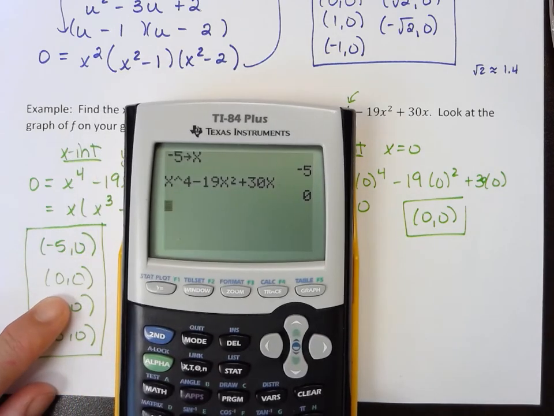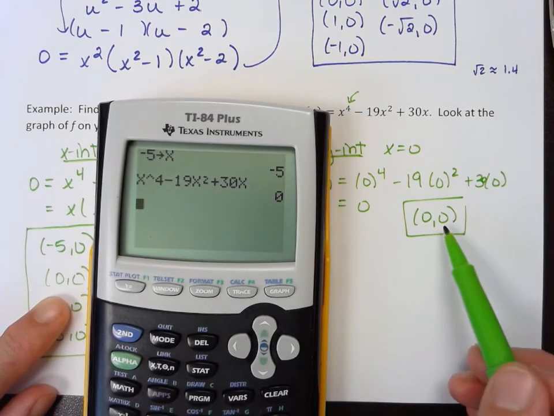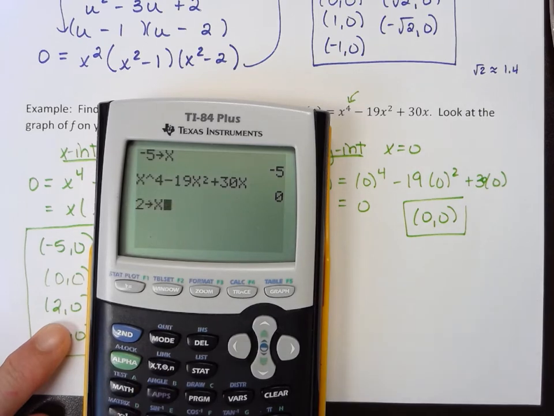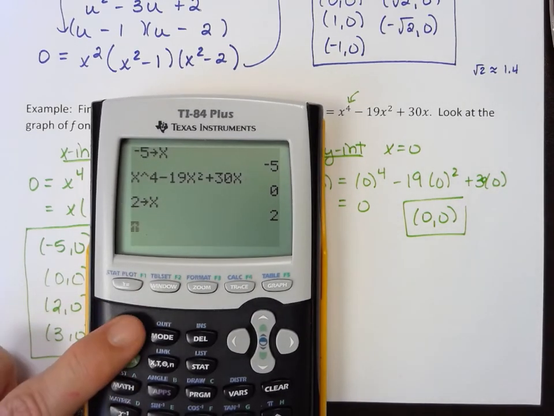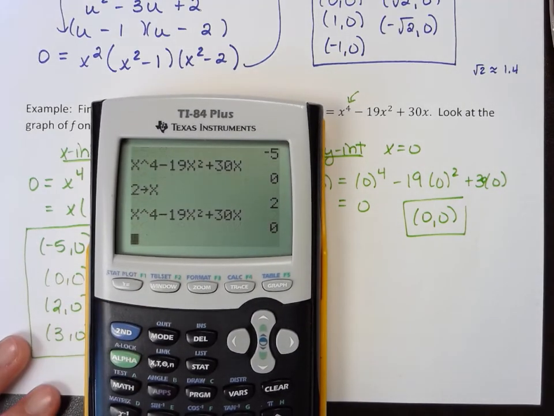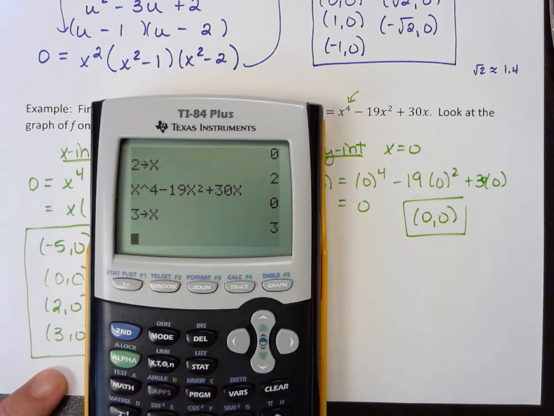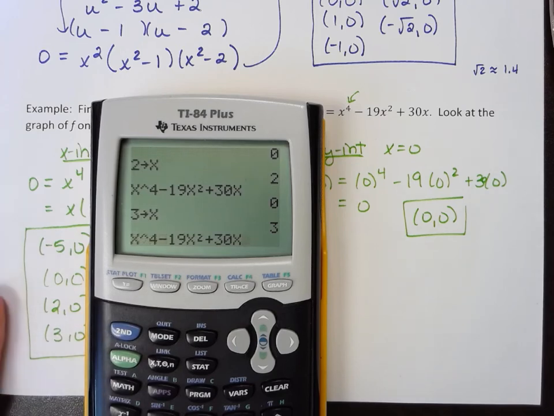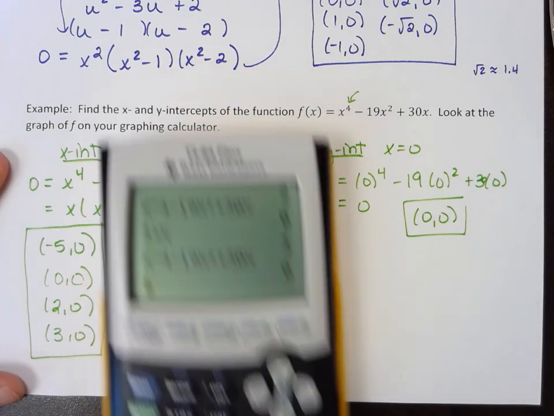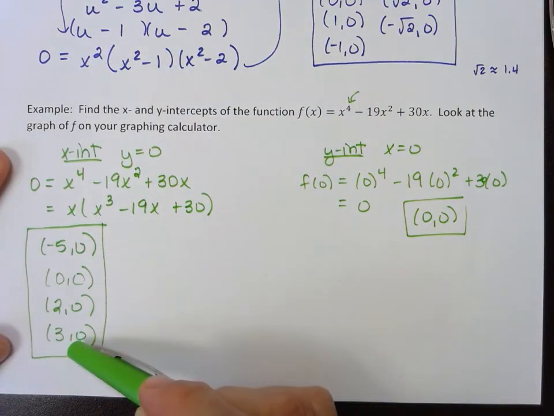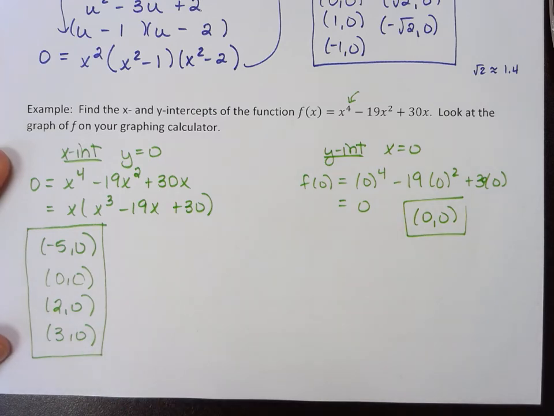Let's try the next one. Well, we know 0 works because we found that one over here. 2 store x, enter. I'm just going to recall that function. We do get 0 when we plug in 2. Let's plug in 3. Recall the function. We also get 0. So these 4 points are the x-intercepts to that function.